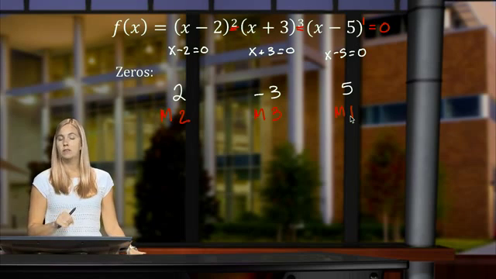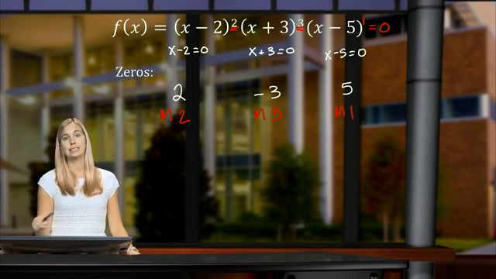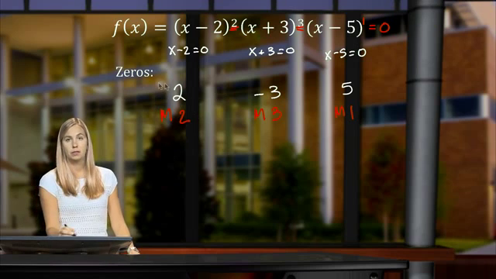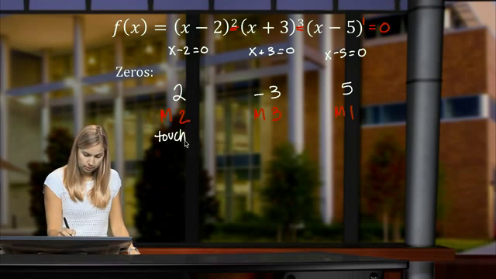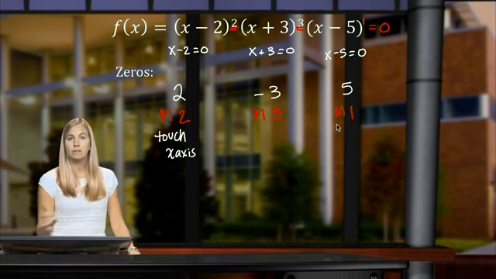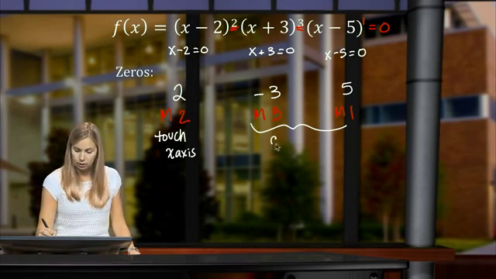Again, the magnitude of the multiplicity does not matter. It matters whether the multiplicity is even or odd. Since this multiplicity is even, my graph is going to touch the x-axis. Since both of these are odd, my graph is going to cross the x-axis at those points.